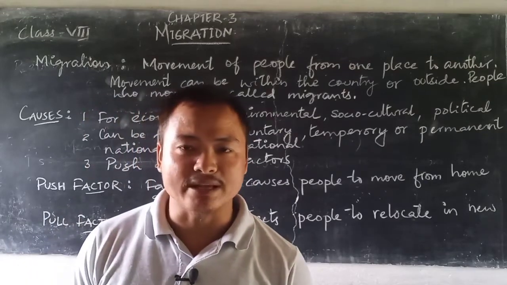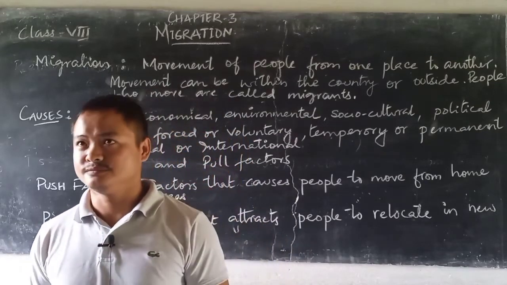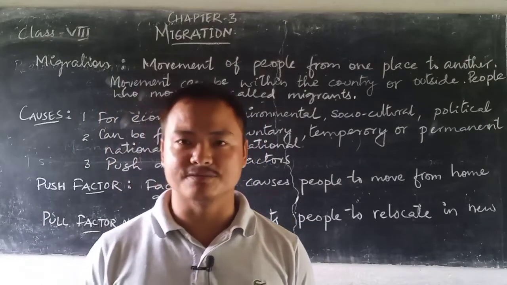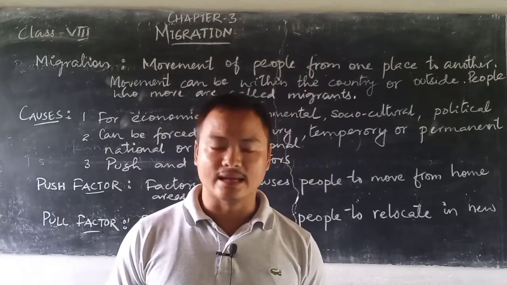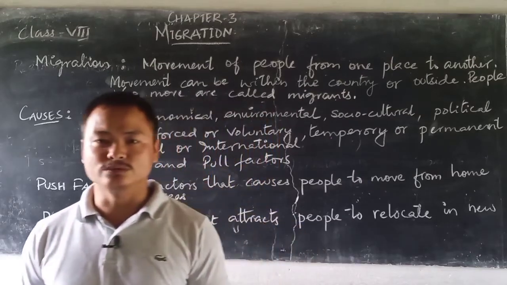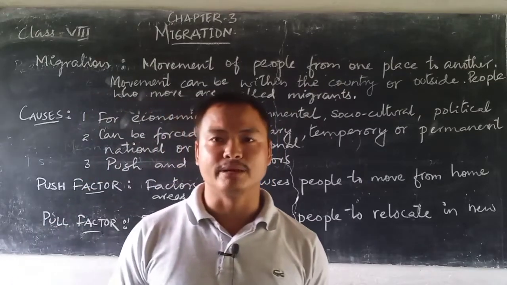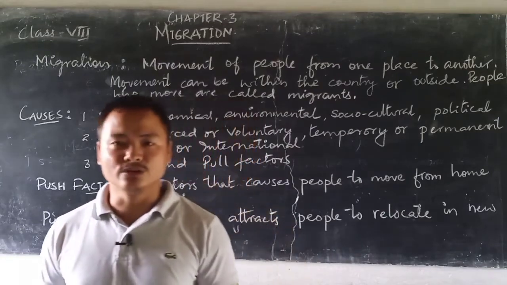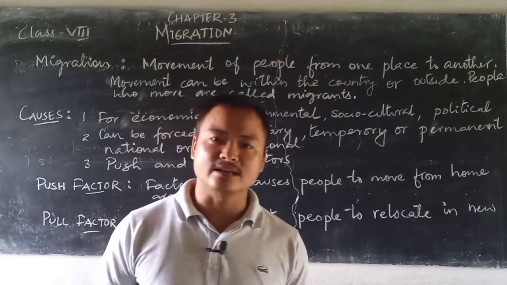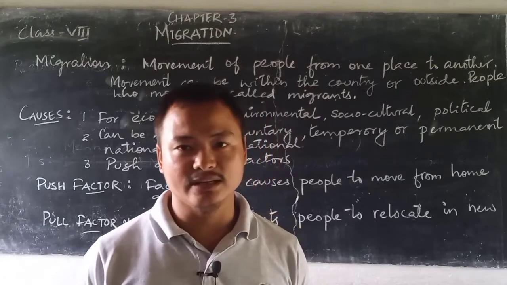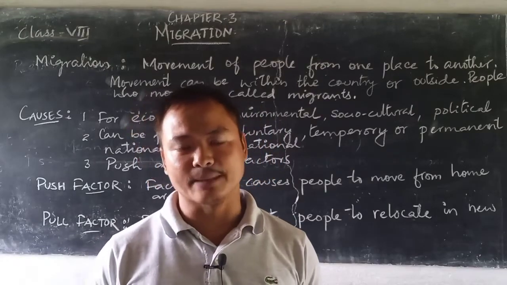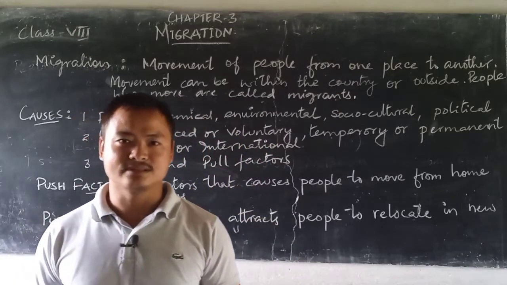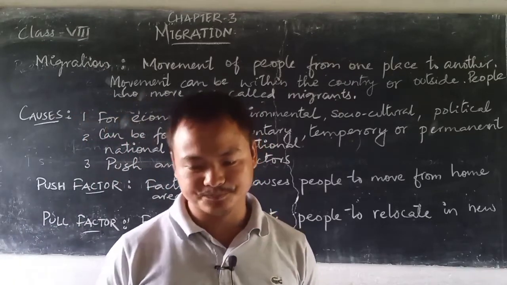Migration also takes place because of people looking for better education facilities. Here we have schools, but after class 12 we do not have better colleges, we do not have very good universities. So the nearest place that we move to is Siliguri, or we try to move to the capital city, that is Kolkata, or out of the country sometimes, that is where we go international.